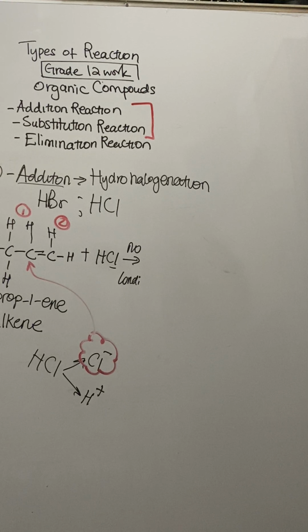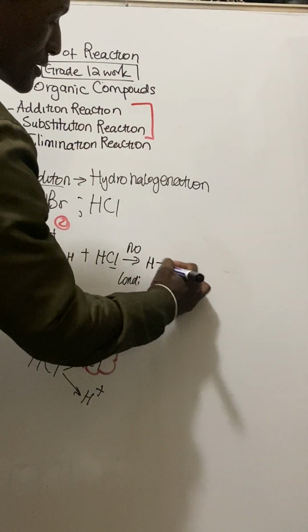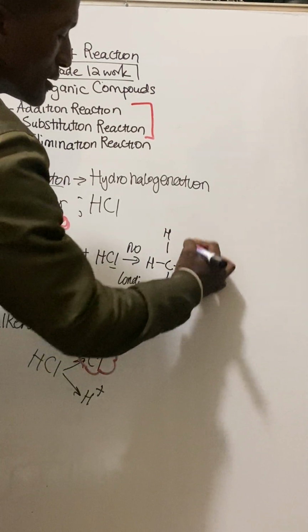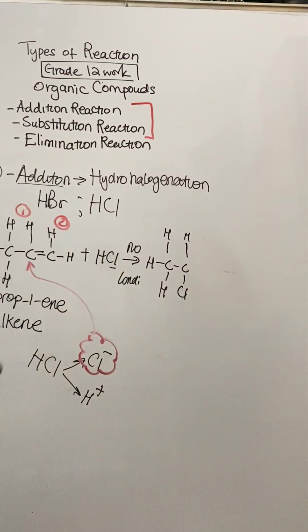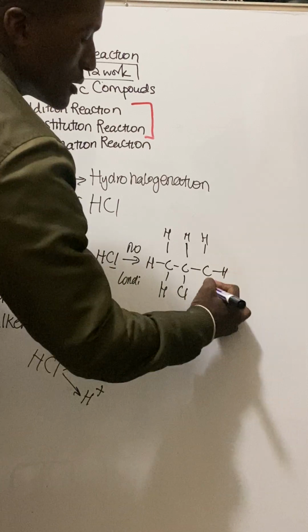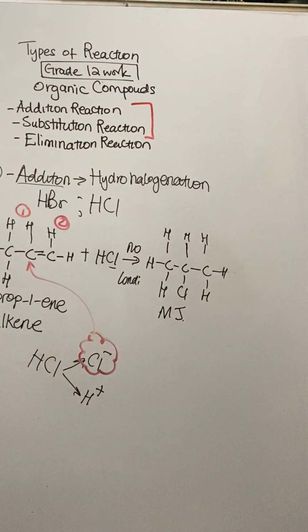Now what will be our answer? Our answer will therefore be H, C, H, H, C, H. Now it will be Cl bonding with H, H, then H. This will be regarded as the major product.